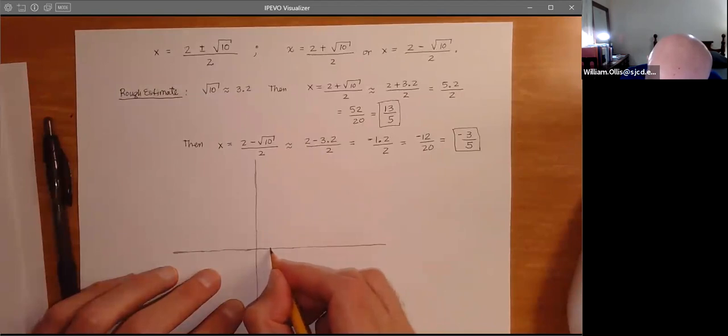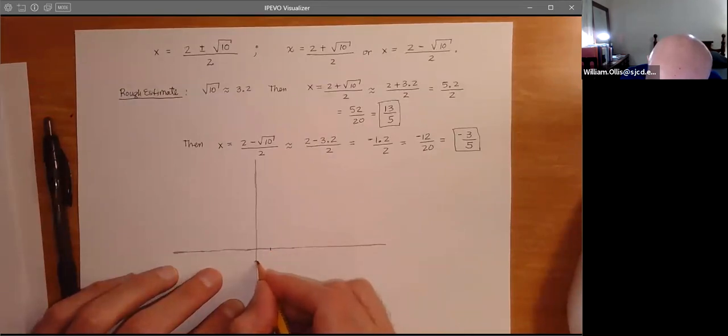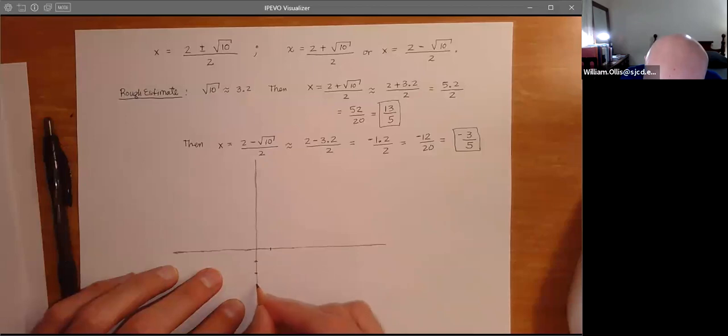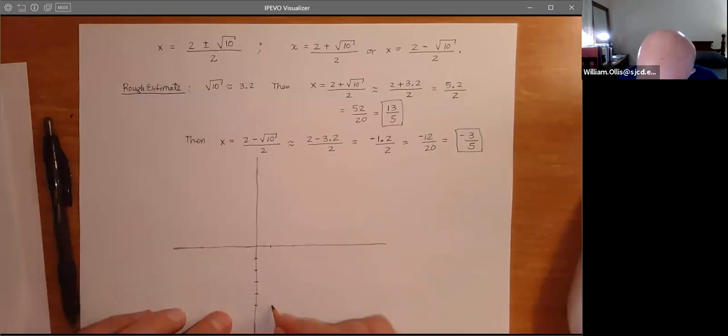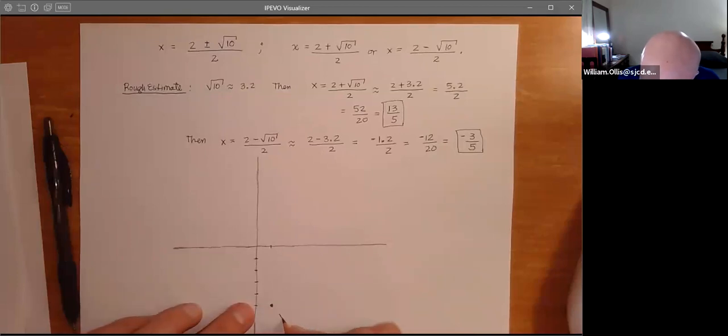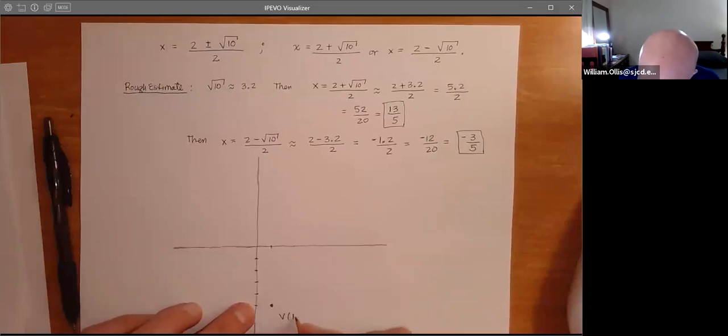So we get 1, and then 1, 2, 3, 4. Living on the edge. Wow, it's spreading it out. There we go. Right there. So we have vertex 1, -5.